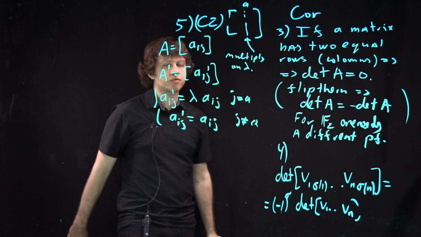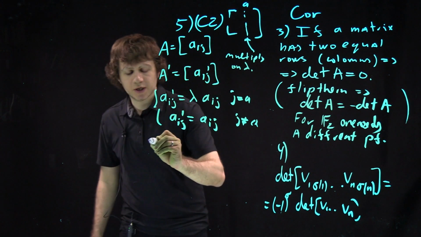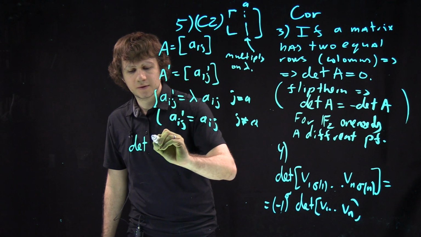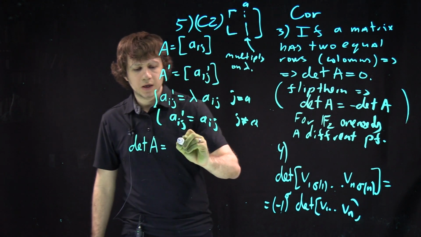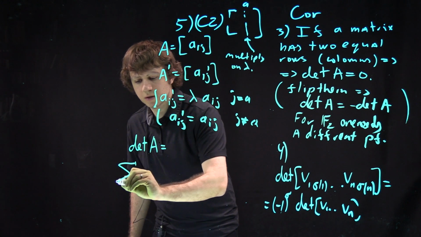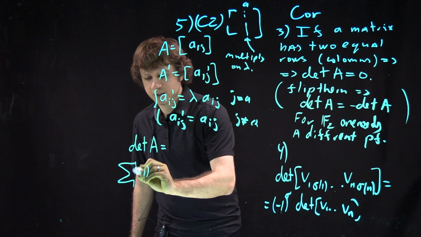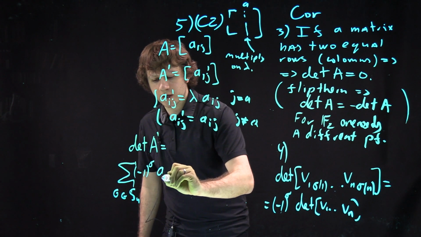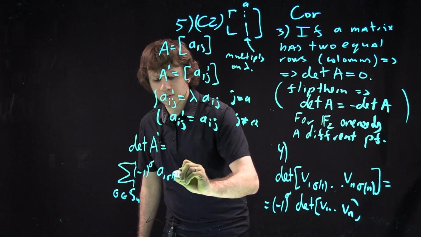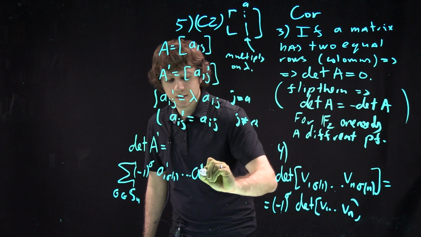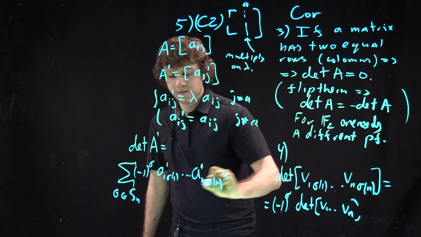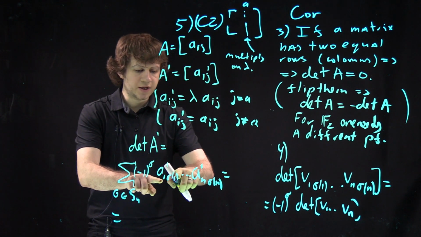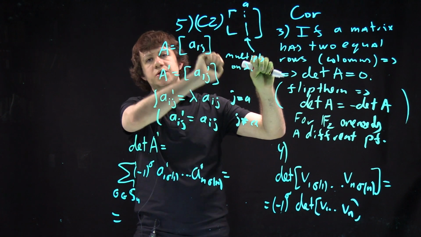Okay, so here everything is really easy, because basically when you take determinant of A prime, it equals to sum of minus 1 power sigma in Sn, A1 sigma of 1 prime to the An sigma of n prime. And then, of course, remember, this 1 sigma of 1 and so on n sigma of n is a rook decomposition, positioning.